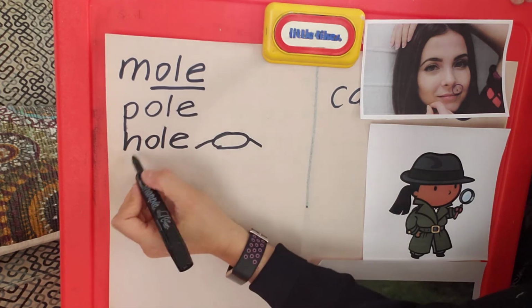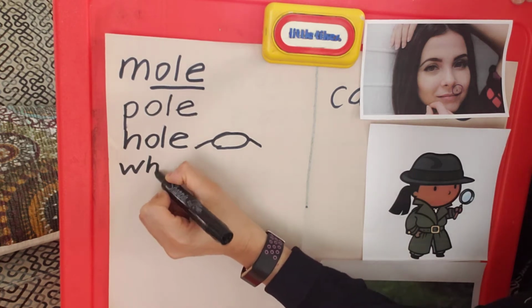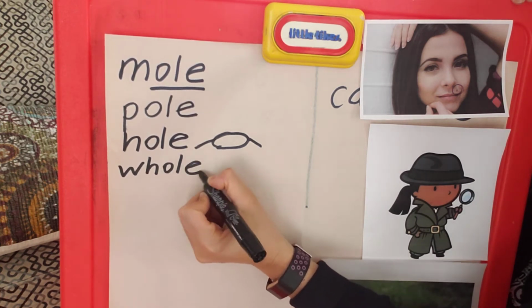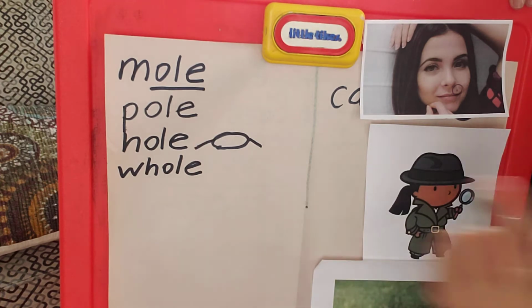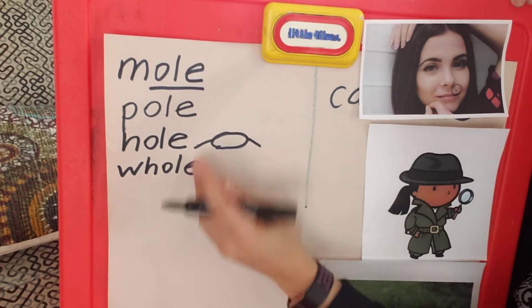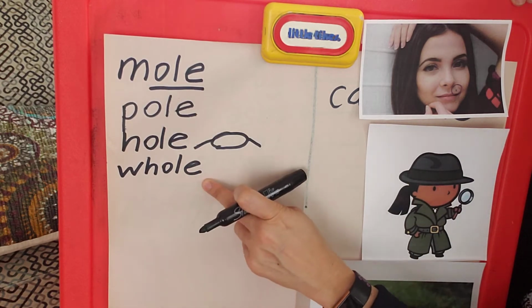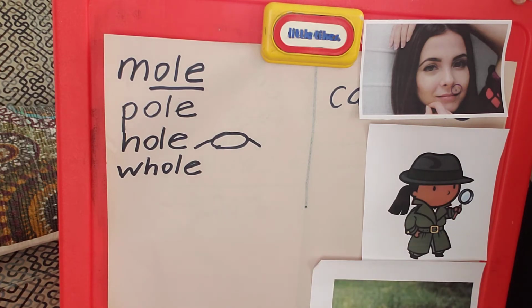But then if I use the WH digraph, which still sounds like h because the W is silent, this is the word whole also, but that has a different meaning. Do you guys know what the meaning of that whole is? I always like to think of food when I see this word, because I would say, well, I ate the whole cookie. That means I didn't leave any left. I ate the entire thing.